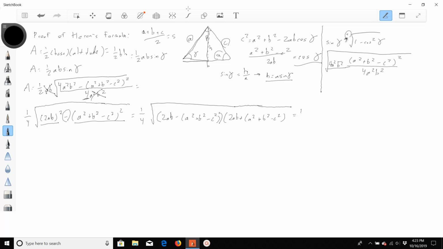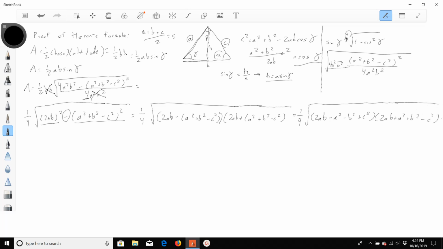Little algebra. How do I want to do this? Oh, let's just, I don't want to go too quickly. So 2ab, let's just simplify it some. 2ab minus a squared minus b squared plus c squared, double negative, times 2ab plus a squared plus b squared minus c squared.